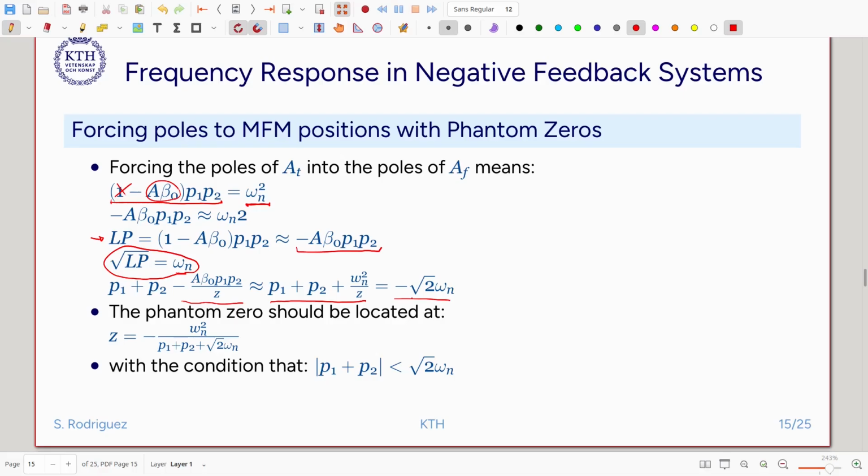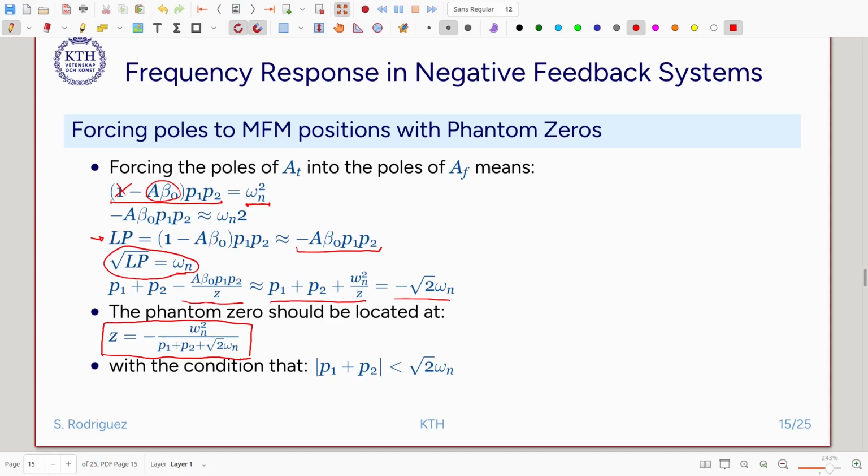With this equation, we can see that the position of the phantom zero is equal to minus the achievable bandwidth divided by P1 plus P2 plus the square root of 2 ωn, and this is for 2 poles.